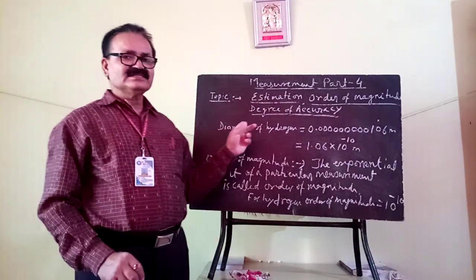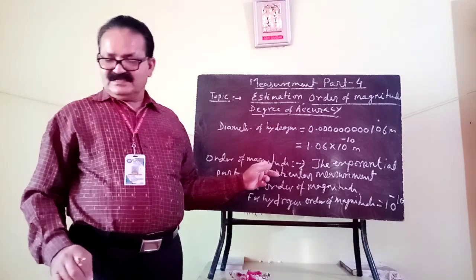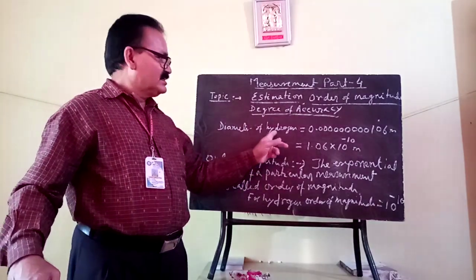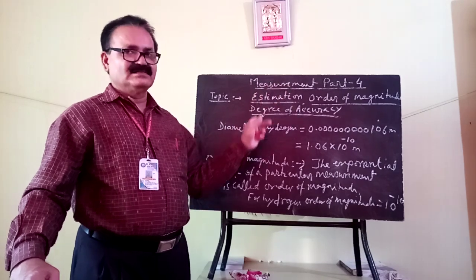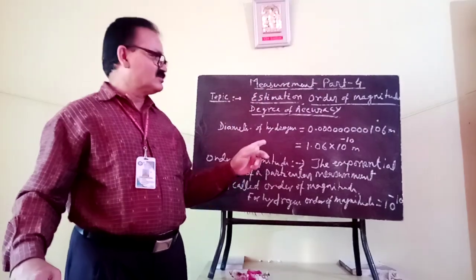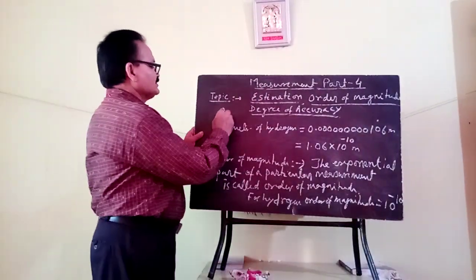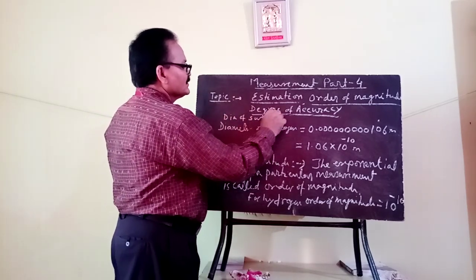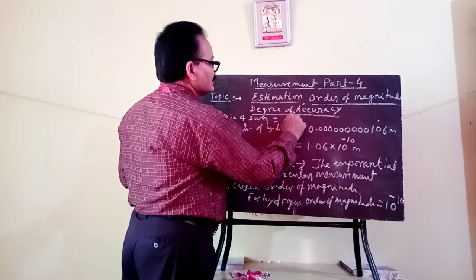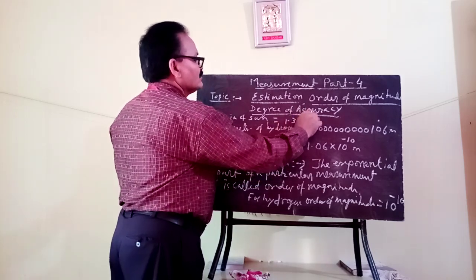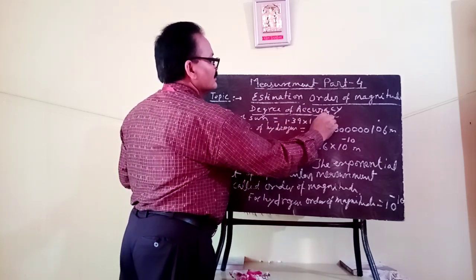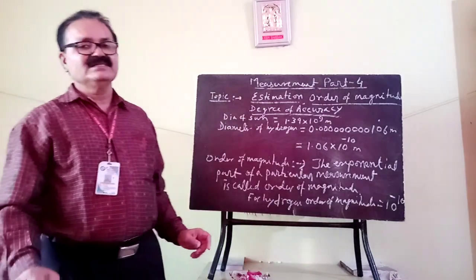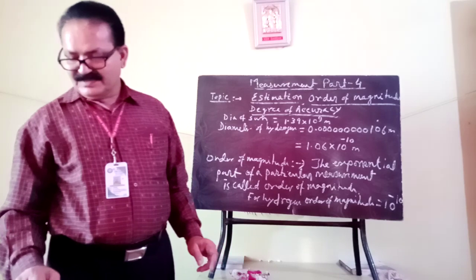In the earlier case, for the diameter of sun, the order of magnitude was 10 to the power 9, because you have seen the diameter of sun is 1.39 into 10 to the power 9 meters.